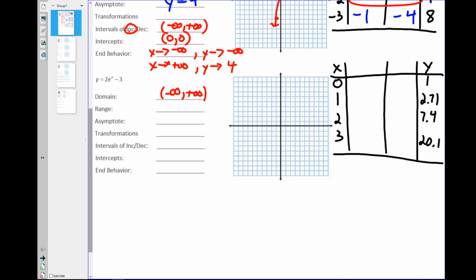Let's identify our transformation values. A, C, H, K. A is 2, C is? Dennis, what's C? Good. What's H? Good. And then K is -3. So we're not doing anything with C or H. Sweet. So all the X's are going to stay the same.